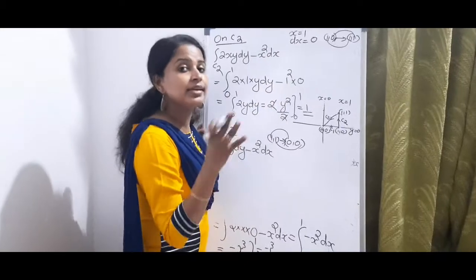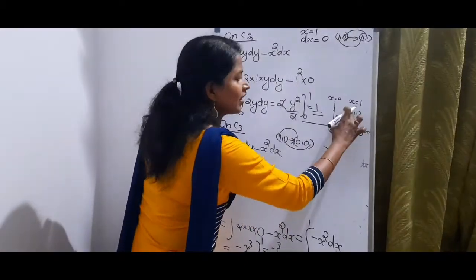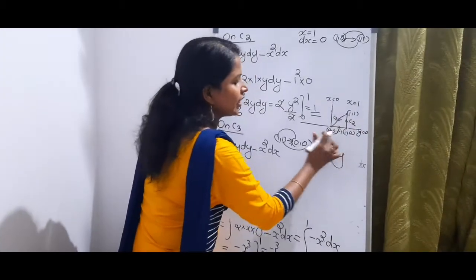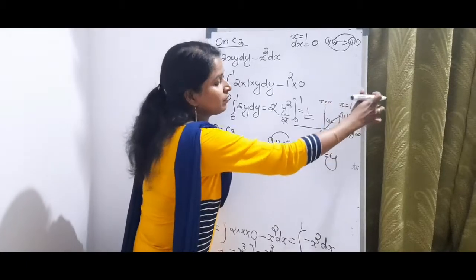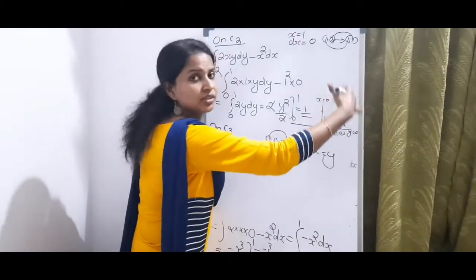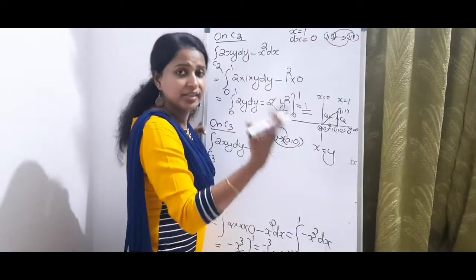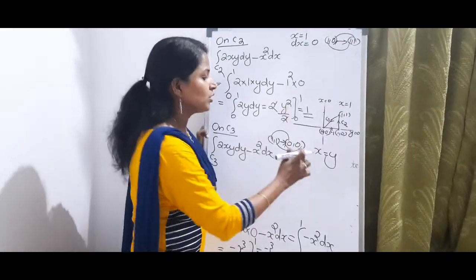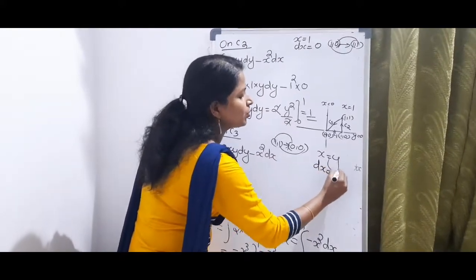That means x and y are the same: x equals y. The equation of this line is x equals y. Here (0, 0), next point (1, 1), we can extend this line: (2, 2), (3, 3), (4, 4), and so on. So y equals x. y equals x means dx equals dy.